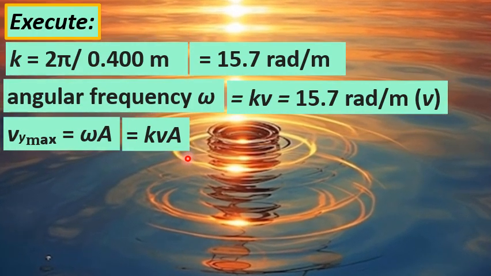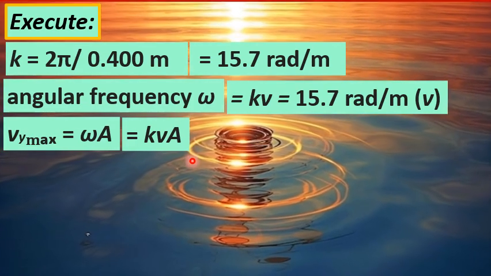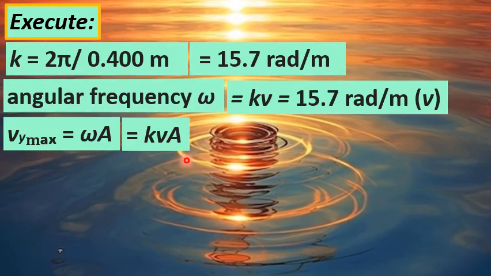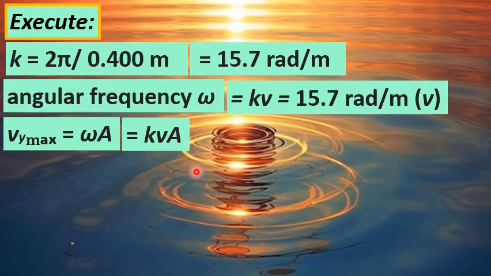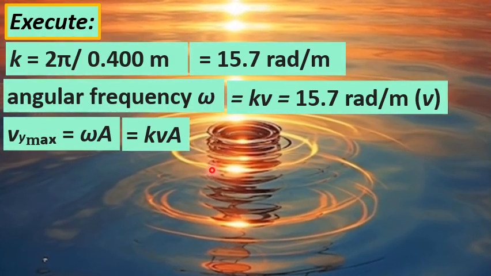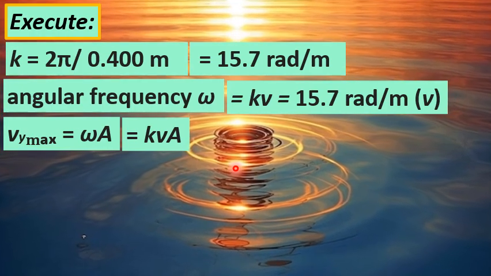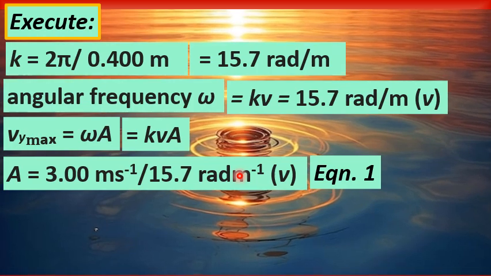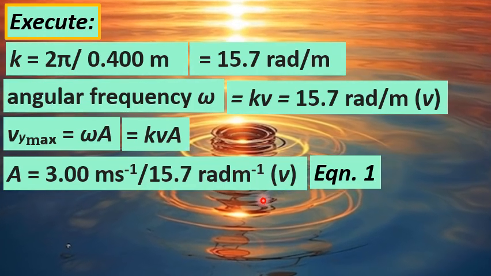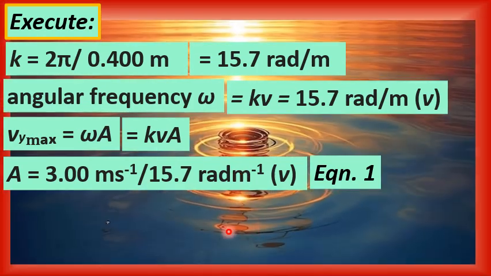All right? And since our target variables are v and the amplitude A, we will isolate capital A, or the amplitude of the wave, and come up with this first equation, or equation number 1.